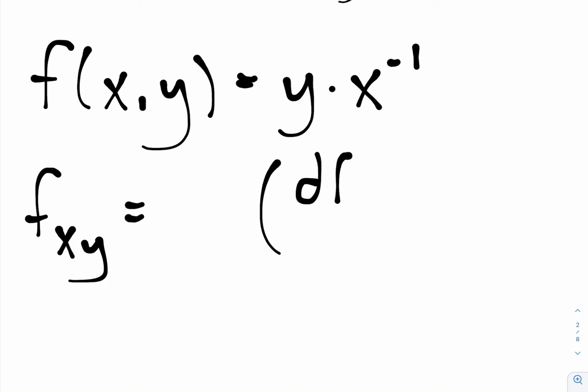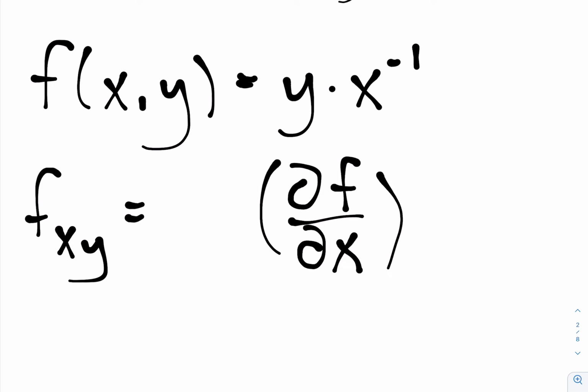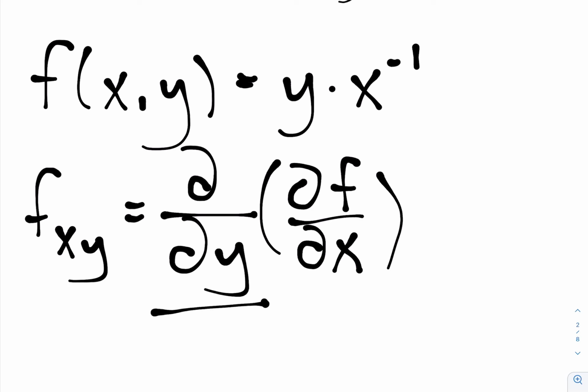We need the curly d, so partial f over partial x. And then we're going to differentiate this whole quantity with respect to y. So we're taking the partial derivative with respect to y of the partial derivative of f with respect to x.